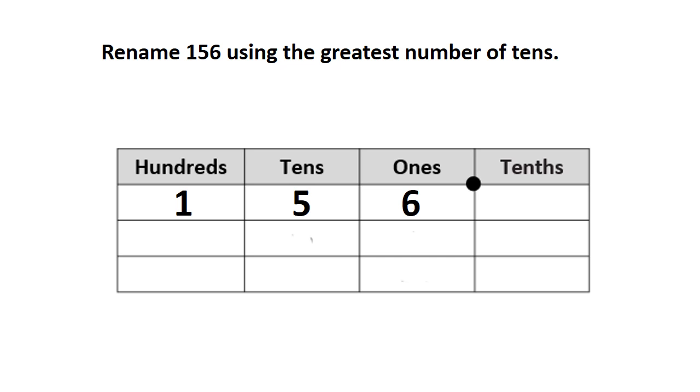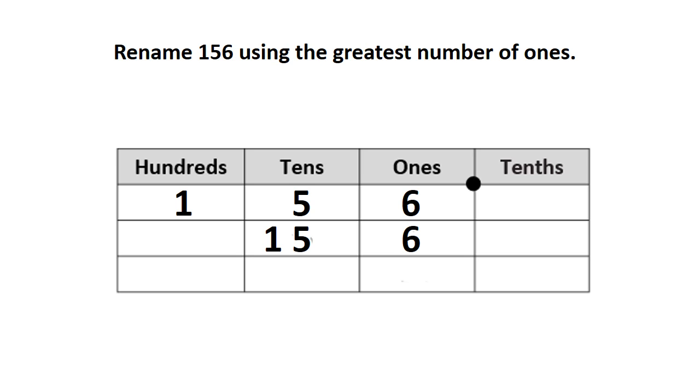Now if I want to rename this using the greatest number of tens, I know there are 15 tens in 156, and that leaves me 6 ones. So renaming it in tens would be 15 tens and 6 ones. If I wanted to rename it in ones, I would read the number 156 ones.